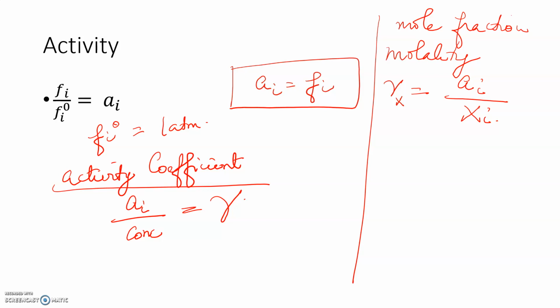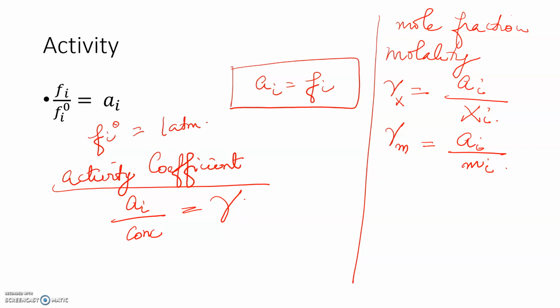When concentration is expressed in terms of molality, then we have gamma small m, and that is equal to AI divided by m. When concentration is expressed in terms of molarity, it becomes the molarity activity coefficient.